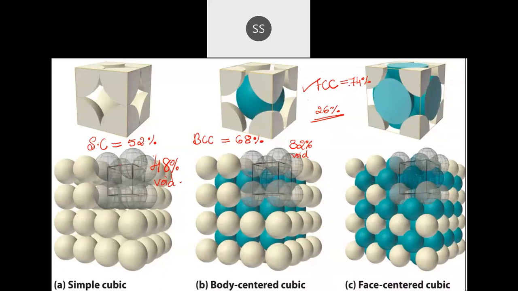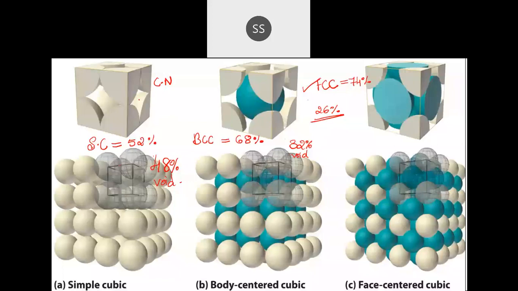One more thing, you can understand this with coordination number also. Do you remember the coordination number for simple cubic, the three-dimensional simple cubic unit cell? Coordination number, not number of atoms, means the number of neighboring atoms.